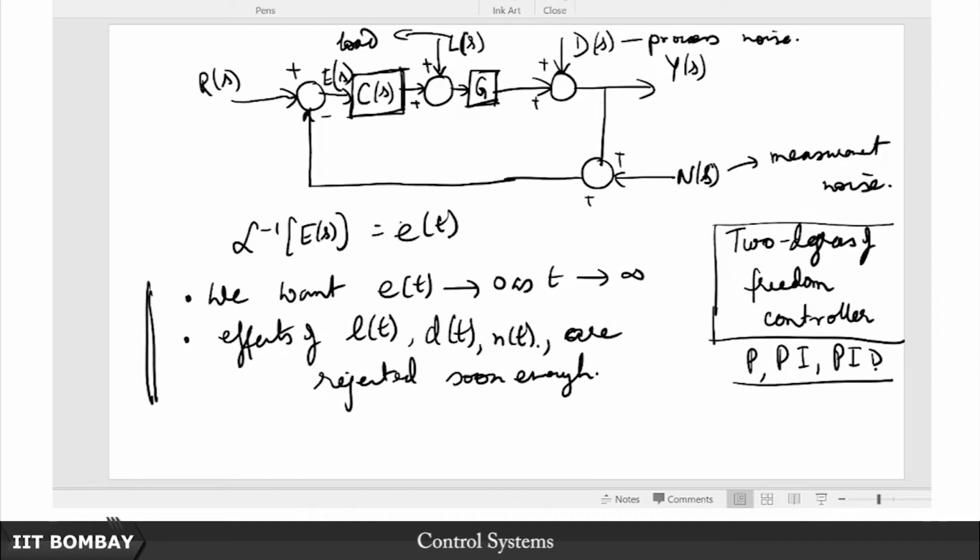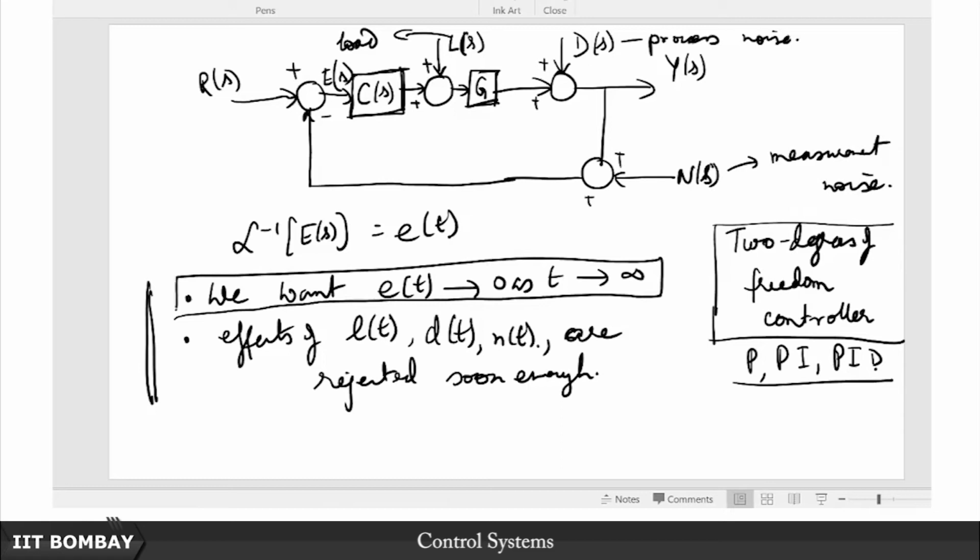Alright. So now how do we study this? Let us for the moment cast our attention on this first point itself. Later on we shall also see how to reject this load disturbance and other things. Mainly we will concern ourselves with this, because as I said, the study of D and N will involve delving into robust control, which is really beyond the scope of this particular course.